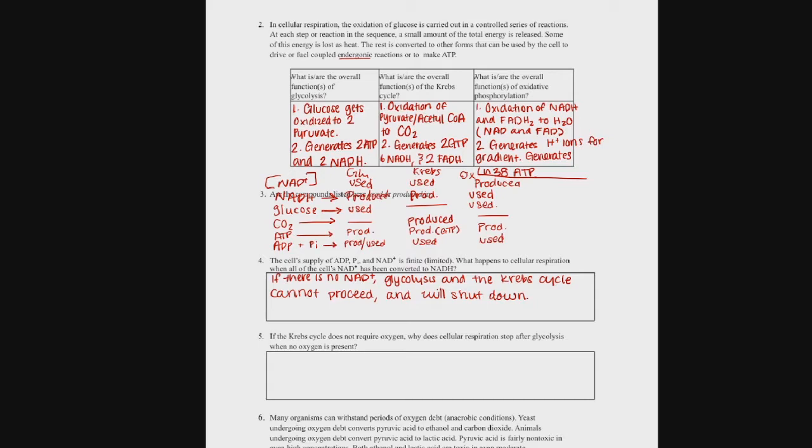And so all of the NADH that's produced in glycolysis and the Krebs cycle can't be regenerated into NAD plus. And so when there's no NAD plus, like we said in answer 4, pyruvate can't be converted into acetyl-CoA that now can't go into the Krebs cycle, which can't fuel oxidative phosphorylation. So I will write that down in simpler words.